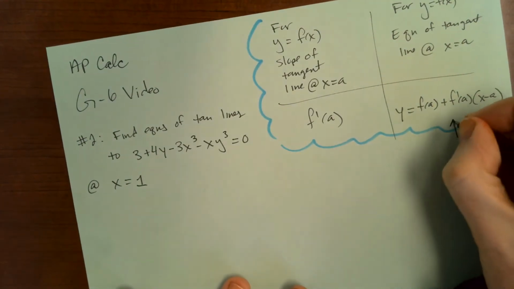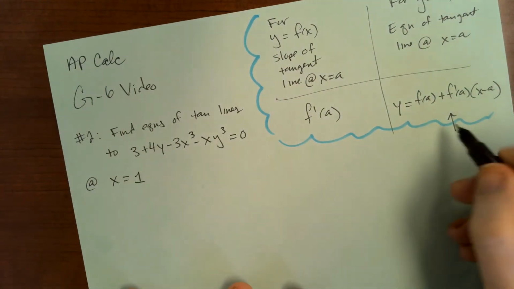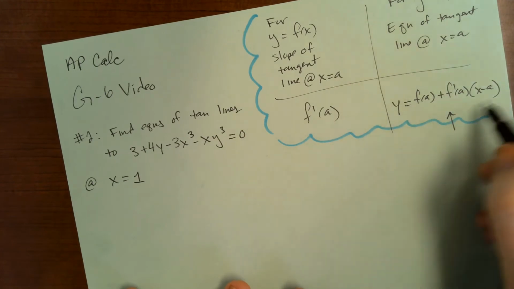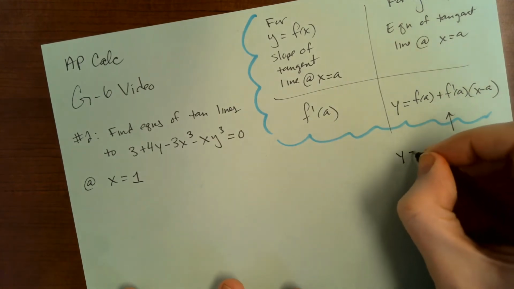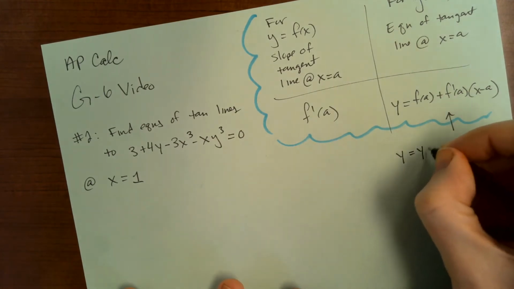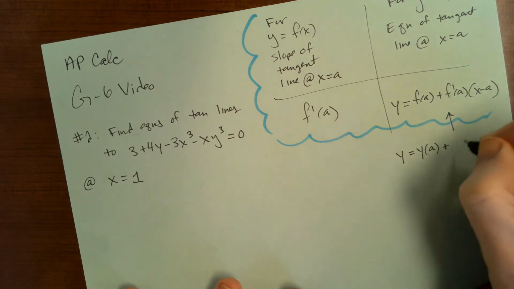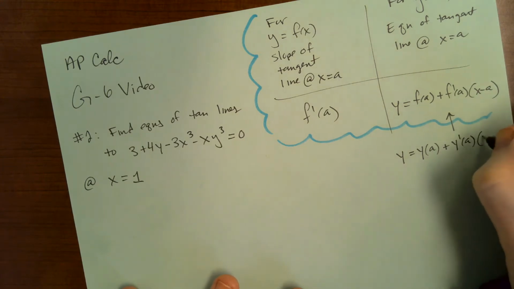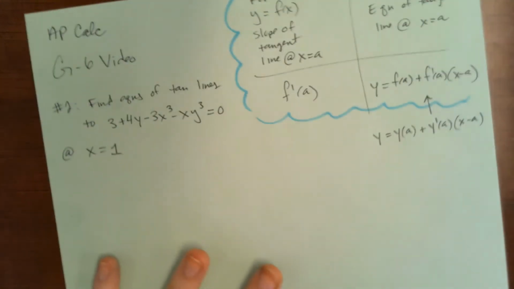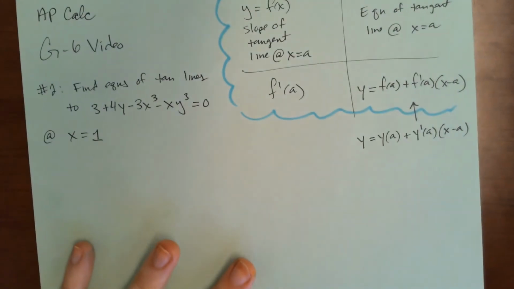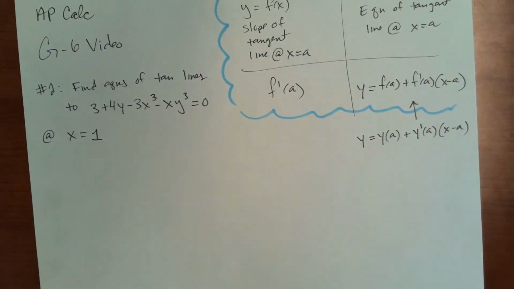So let me say this. For our situation, this is y equals y of a plus y prime of a times x minus a. Okay, because y depends on x. It's not actually a function, but y depends on x.